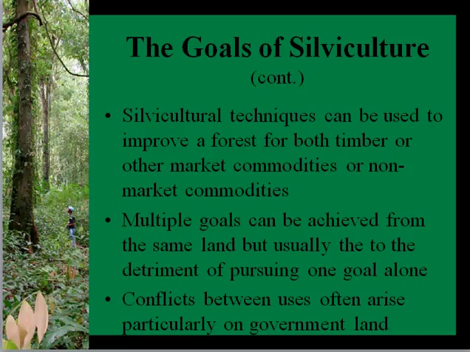If on the other hand you just pursue one goal for that forest, then you can completely reorient or change or manage that forest so that it provides the maximum amount of return for that particular goal, and that goal is maximized.